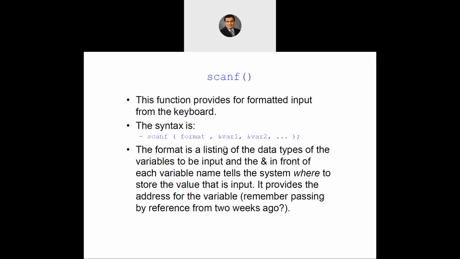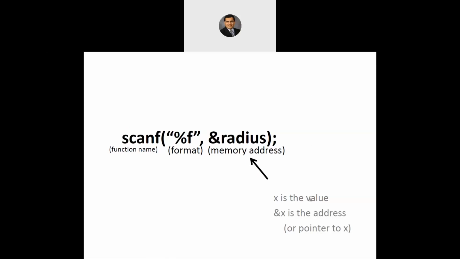Whatever the user is entering, take it from the keyboard and store it in the address of variable 1, and in the address of variable 2. We studied this two weeks ago when we studied passing by reference, if you remember. So here the ampersand represents the address of the variable in which you are going to store the value.